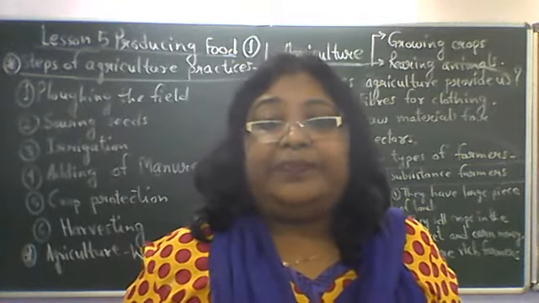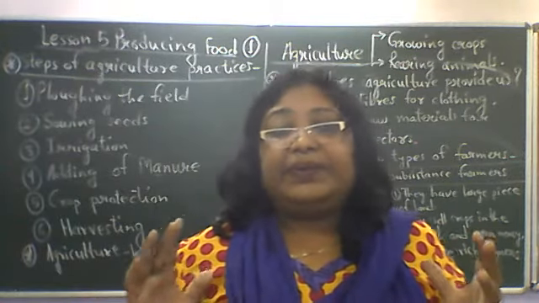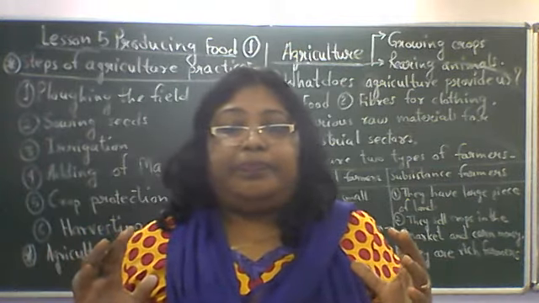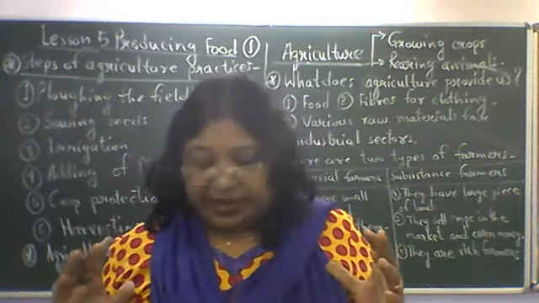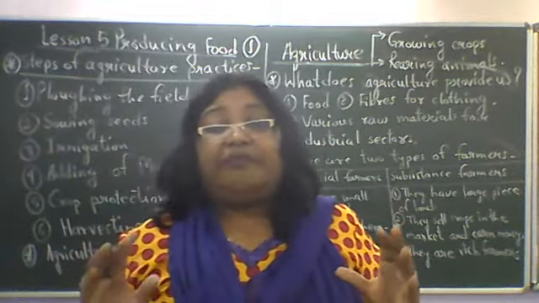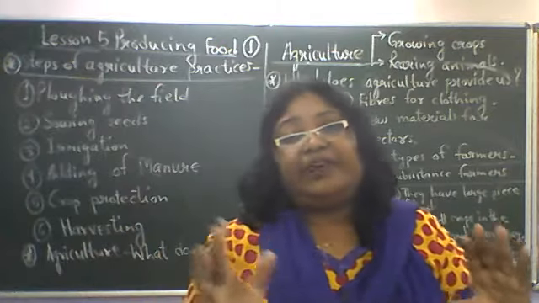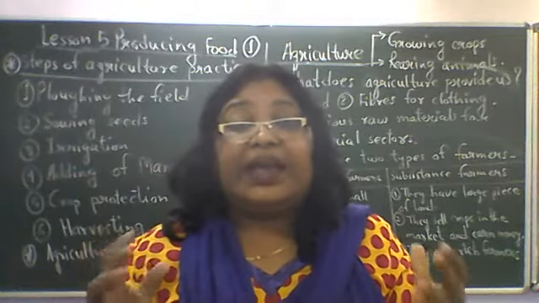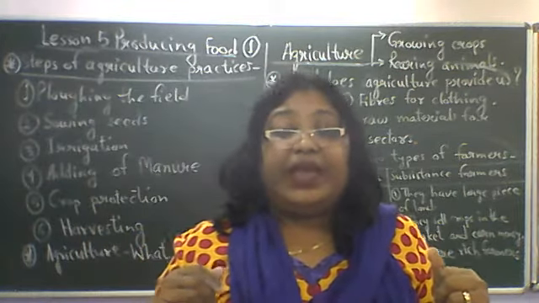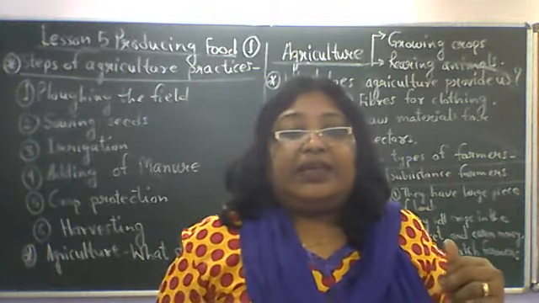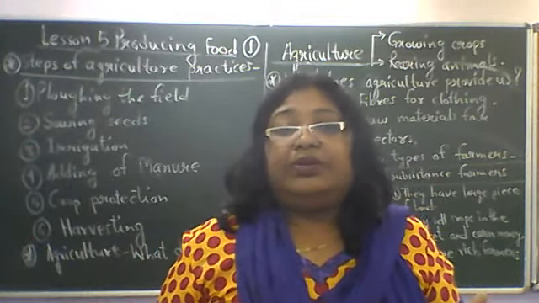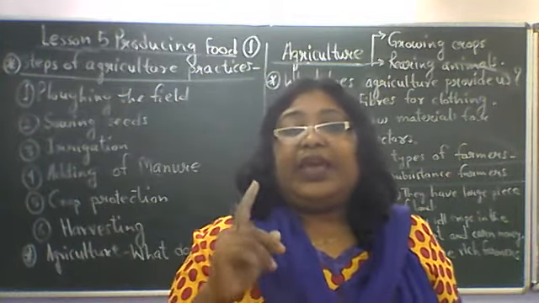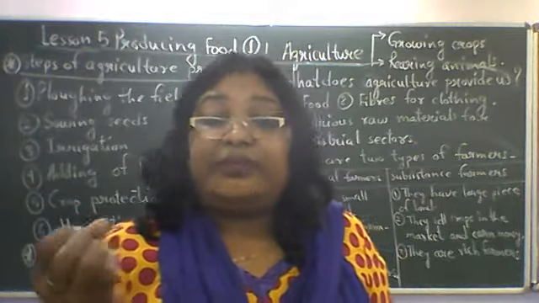If you see, 70% of farmers are living in villages and they are doing farming as their occupation, and we are getting our food from what these farmers are growing. So the first and important aim of agriculture is to get food.